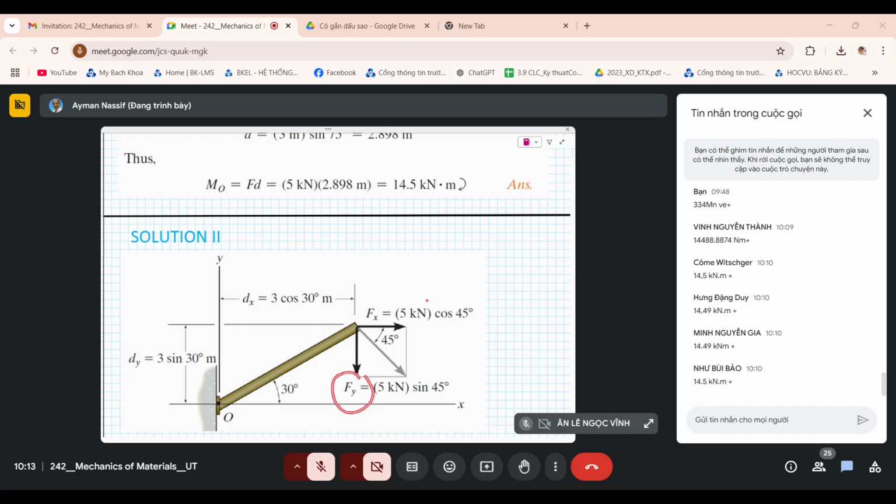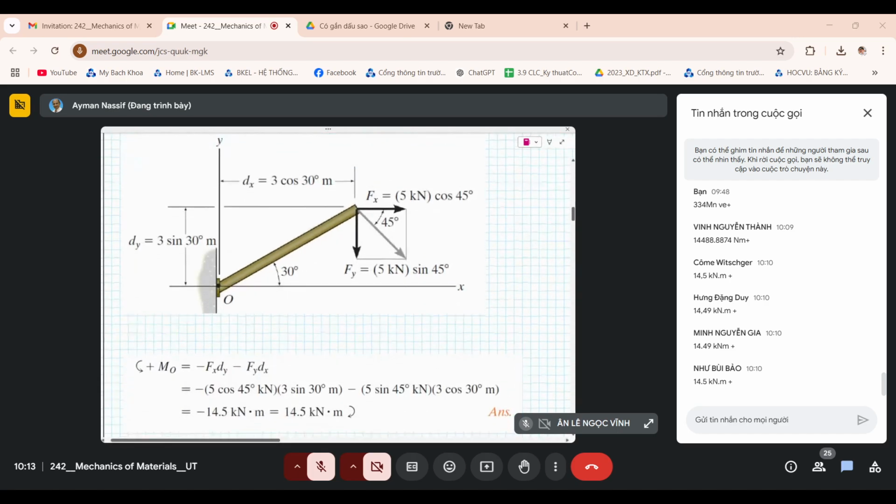So Fy times dx acting in the clockwise direction plus Fx times dy acting also in the clockwise direction, and this will give you exactly the same answer.